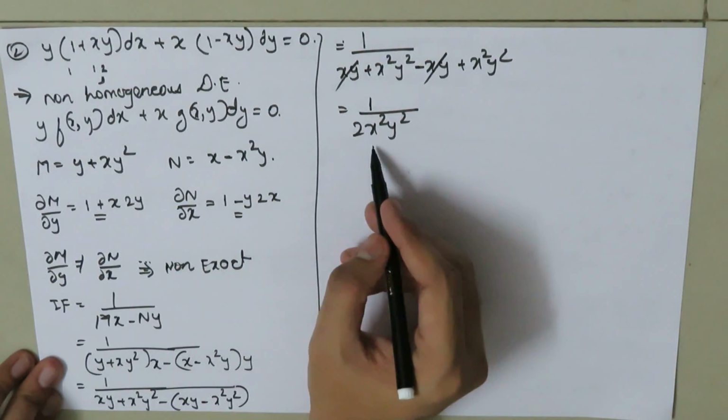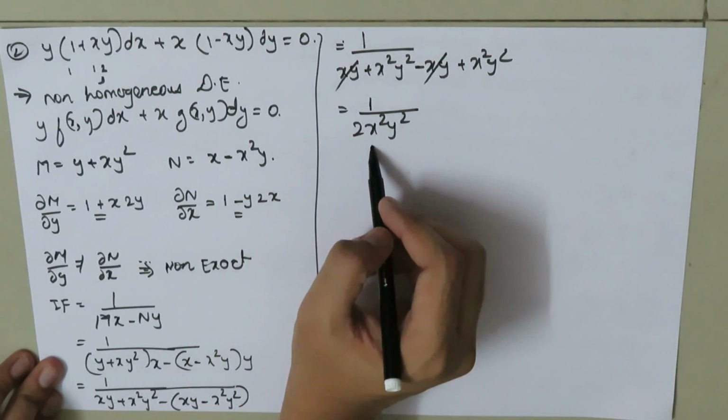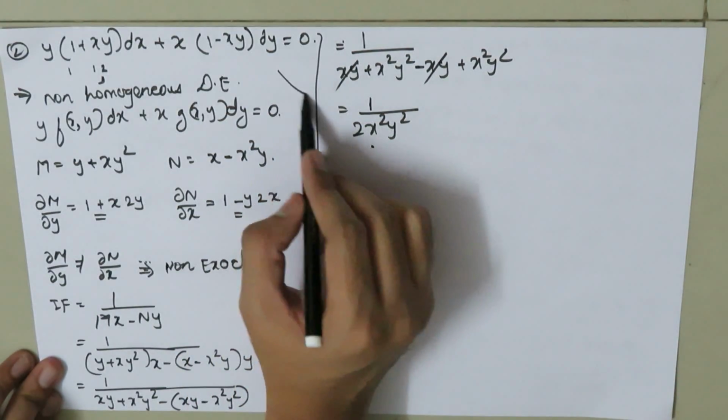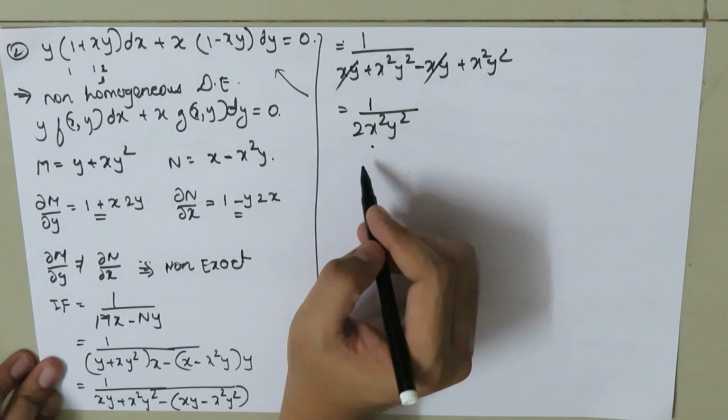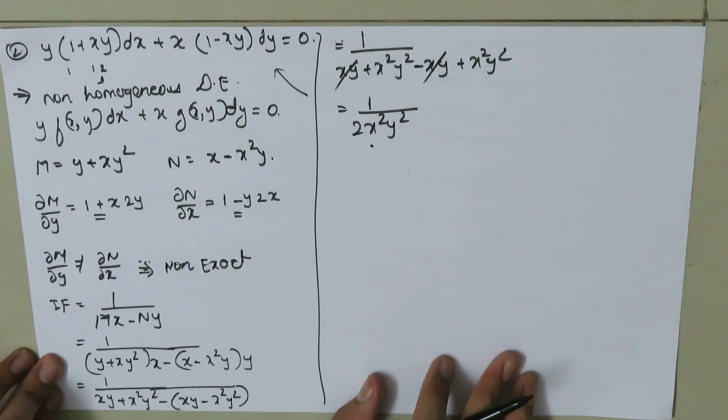This is the integrating factor for the given non-exact differential equation, and if you multiply this integrating factor with the non-exact differential equation, then it will turn into an exact differential equation.